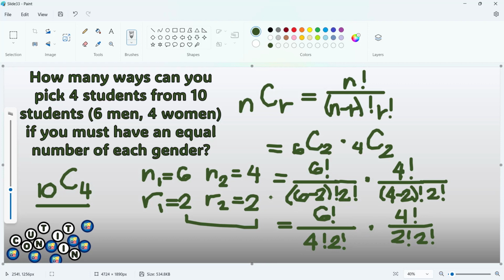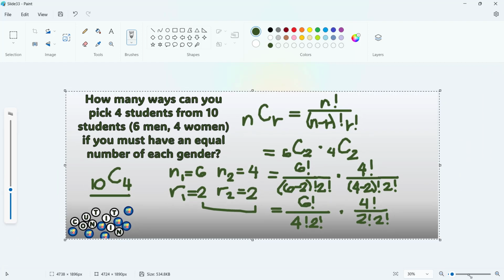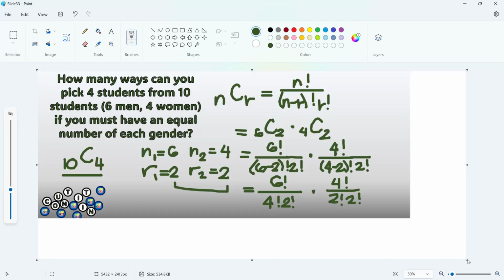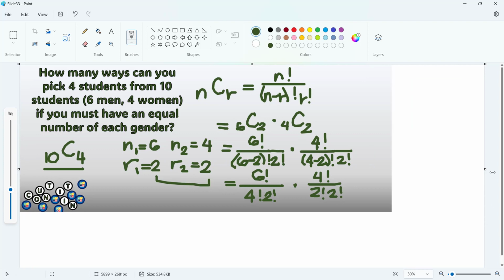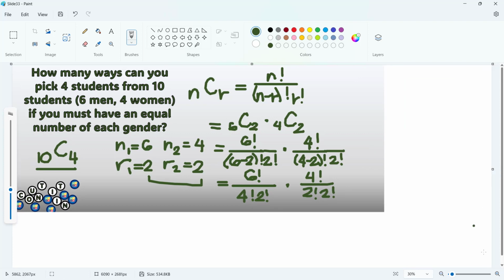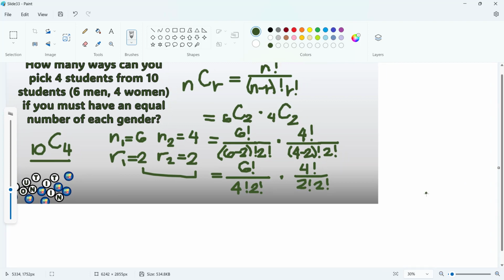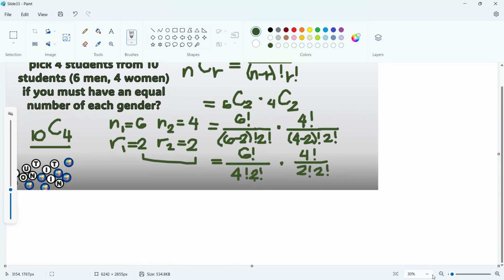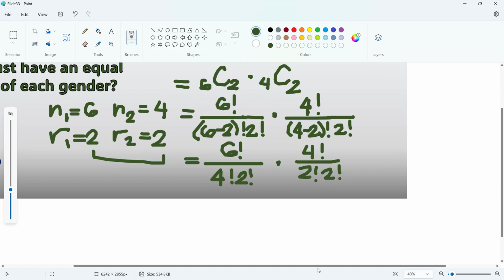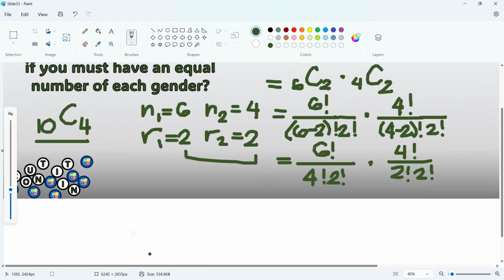So let's start by extending. Let me extend this here so I could show you the process, because I don't have much space. Okay, a little bit. So let's start with this here. I'm going to return to 40% so that my font size will be the same.